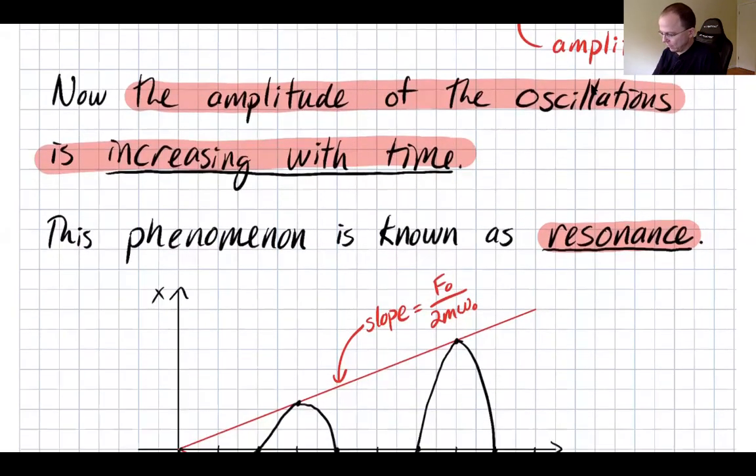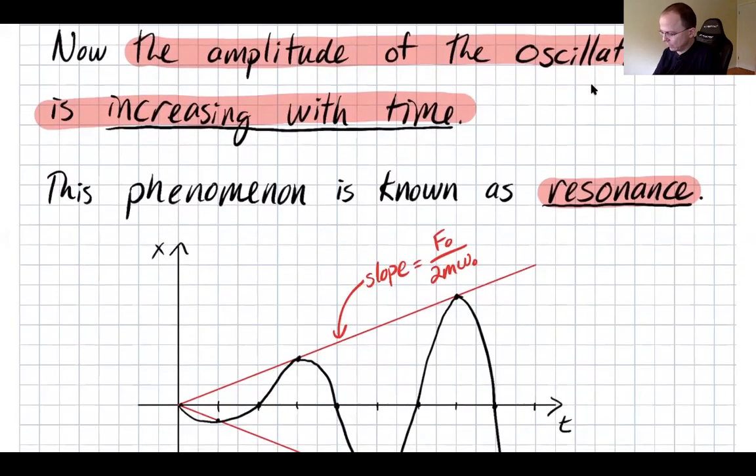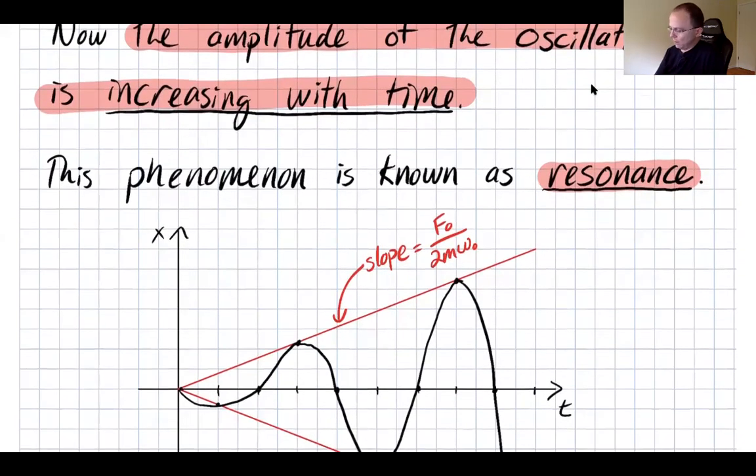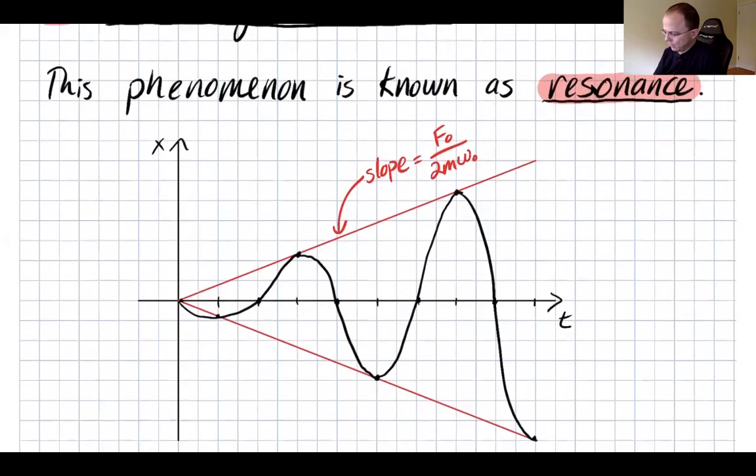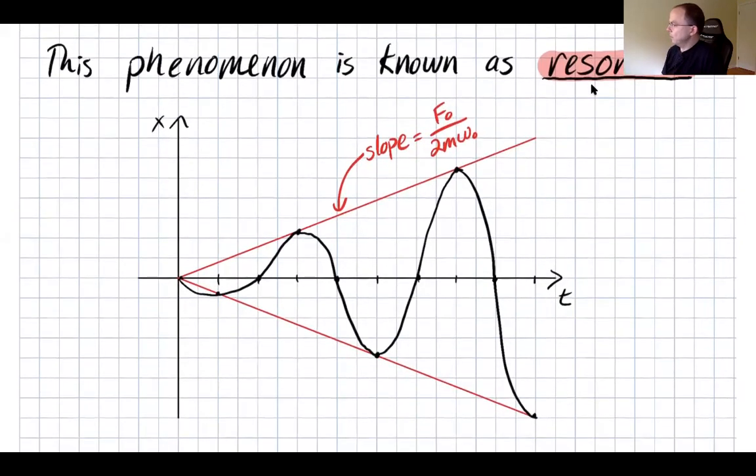And this is the phenomenon known as resonance. It's like pushing a child on a swing. If you keep pushing at the same frequency, then you can have the child go higher and higher.